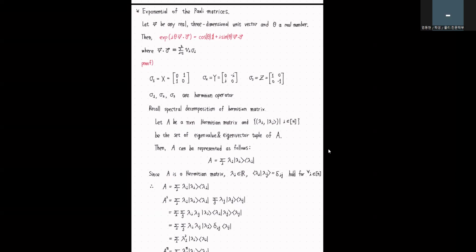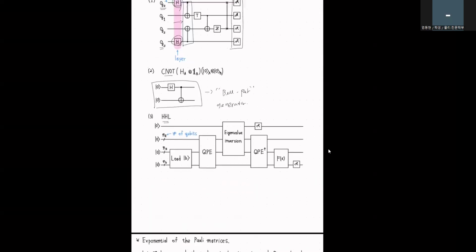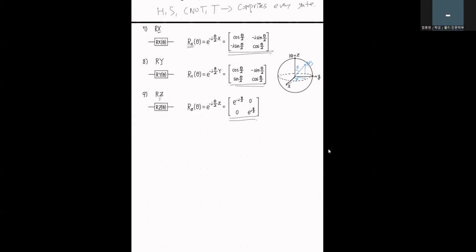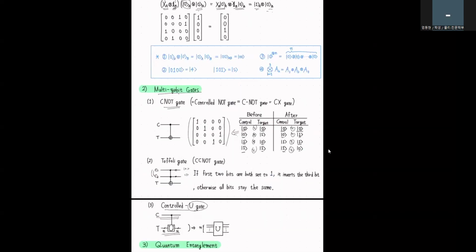As I mentioned earlier, we have these rotation gates around the X, Y, Z axes. But in general, we can also have rotations around an arbitrary axis on the Bloch sphere.